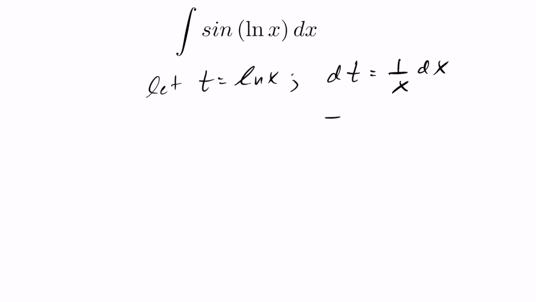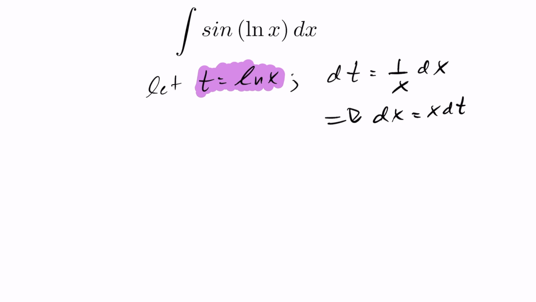So therefore we know that dx will equal x dt, but I need to represent this in terms of t because that's what my substitution is doing here. So from here we have t equals the ln of x.